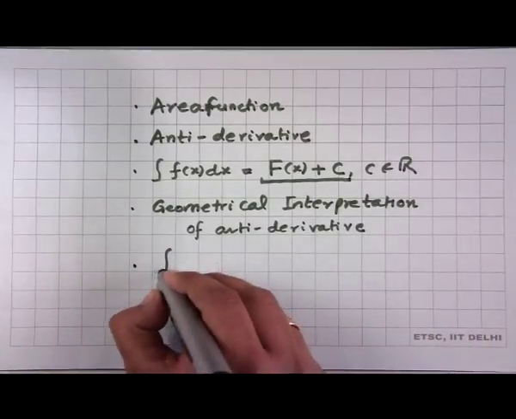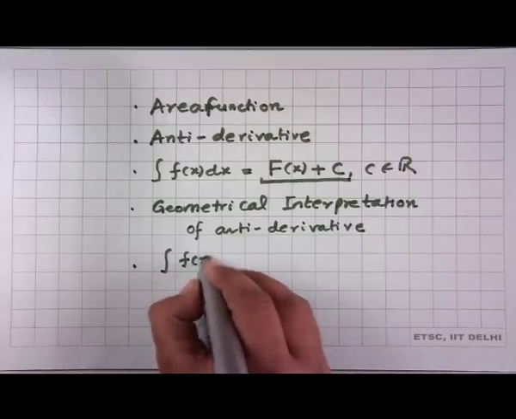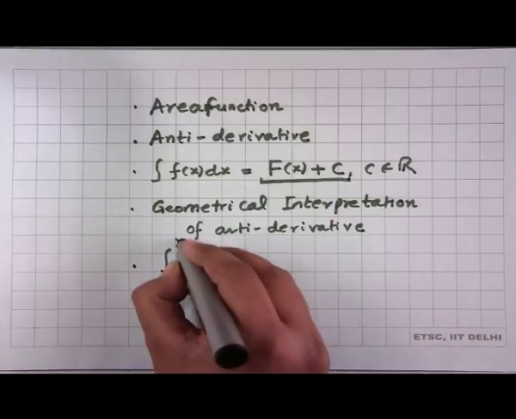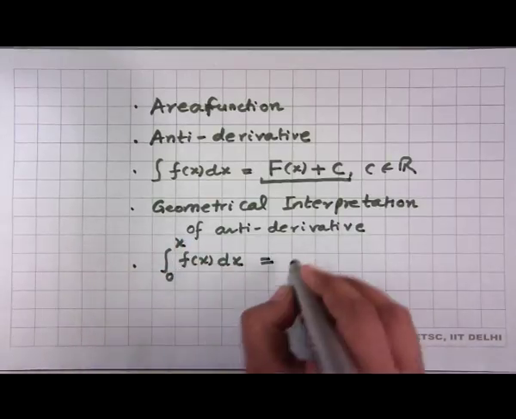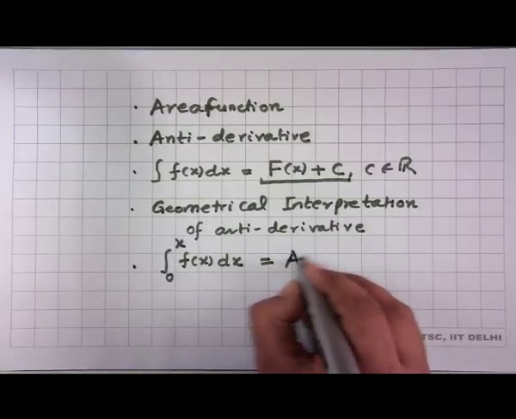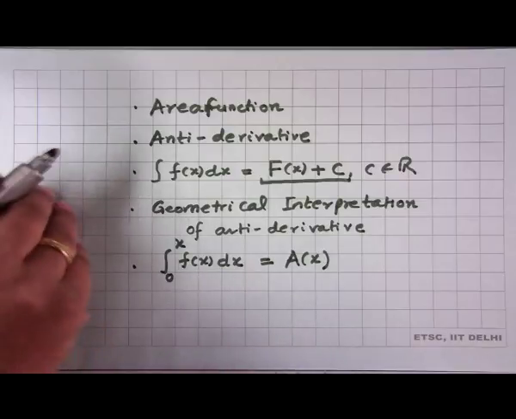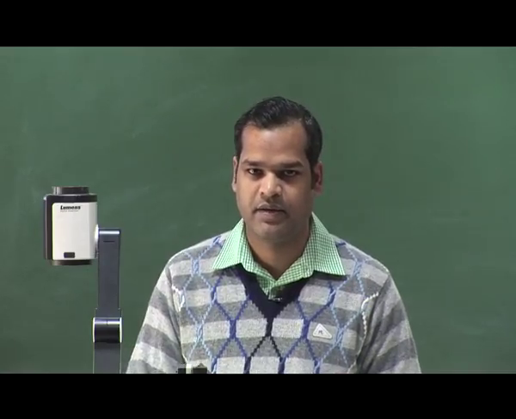And we also looked at the area function from the perspective of an integral, considering it as an integral, which we said is a definite integral. So, these are the things which we learnt in our previous class.